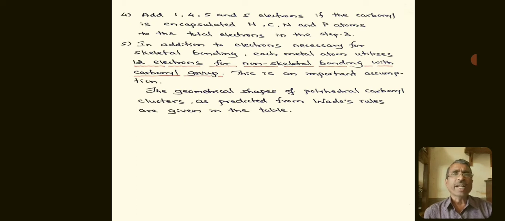Add 4 electrons if carbon is present in the cluster, called a carbido cluster. Similarly, add 5 electrons if nitrogen or phosphorus is present in the cluster, called nitrido clusters and phosphido clusters, to the total electrons in step 3.